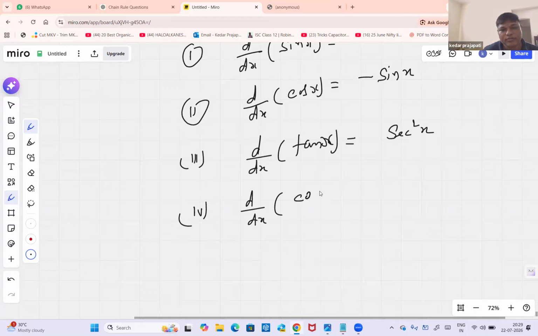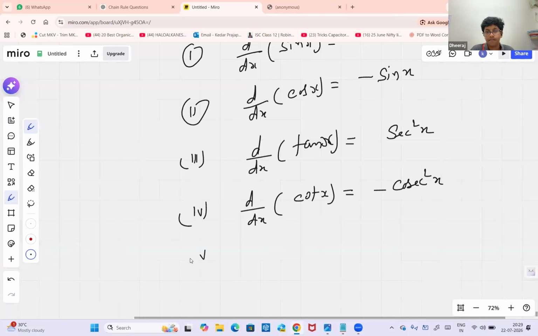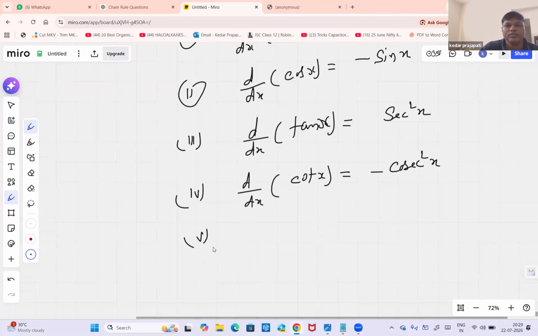Now cot x. What will be? Minus cosecant square x. So sin, cos, tan, cot has done.